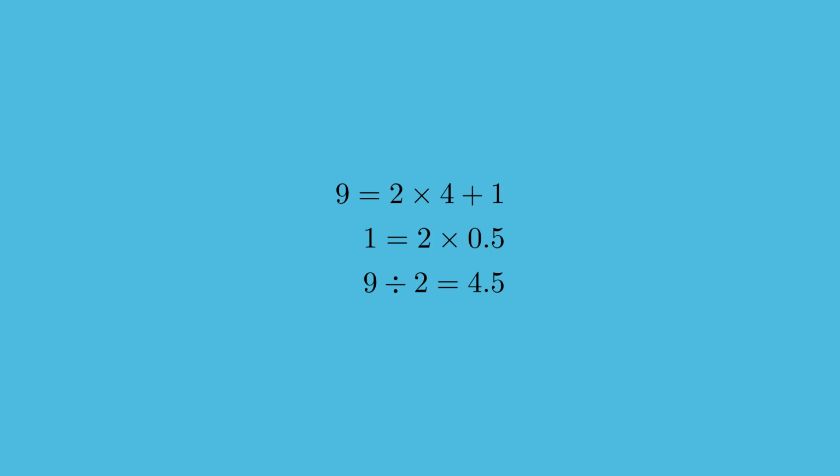This gives us 8 with 1 remaining. The remaining 1 is then divided by 2, resulting in 0.5. Combining the whole number 4 from our initial division and the 0.5 from dividing the remainder, we find that 9 divided by 2 equals 4.5. Thus, the correct answer is A.